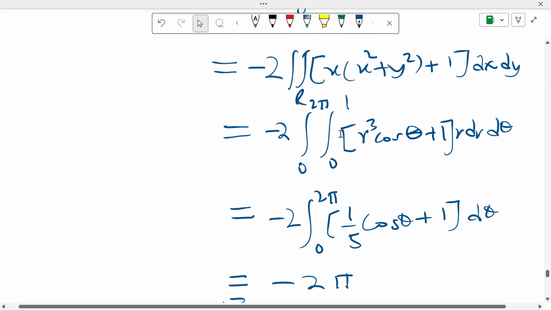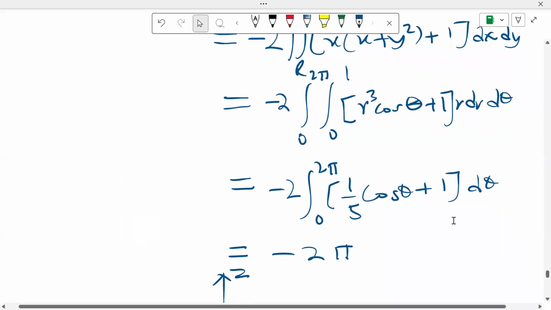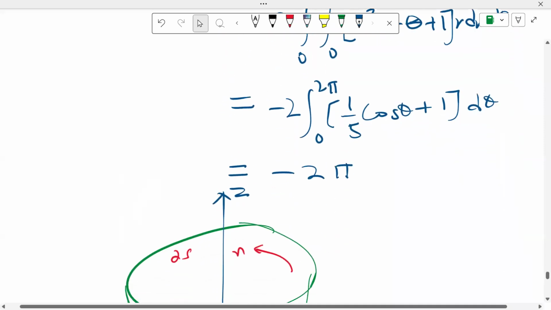When we do that, then we slot in our value 0 to 1. So that will land us on here. So take your time and fill the missing link. Now we are left with our theta, and so we are going to integrate with respect to theta. When we do that and put in our intervals, we get negative 2 pi.